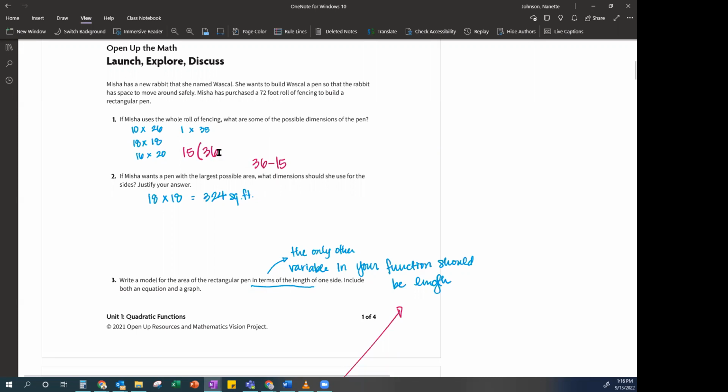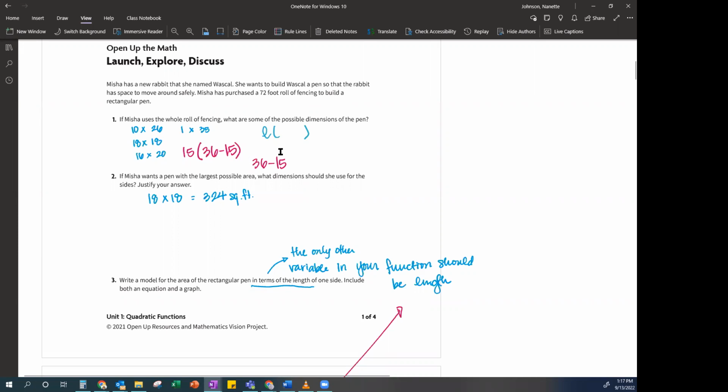Okay, fine. If that makes sense, if I can find the width based on the length, then what if my length was L? If my length is L, what would my width be? Okay, if my length was 15, Nathan said, Ms. Johnson, it's 36 minus 15. Very good. But if it's L, what would it be? Give me a guess. If you don't know, it's okay.